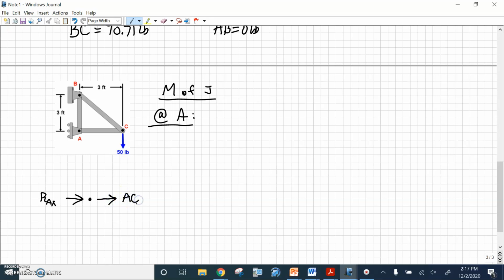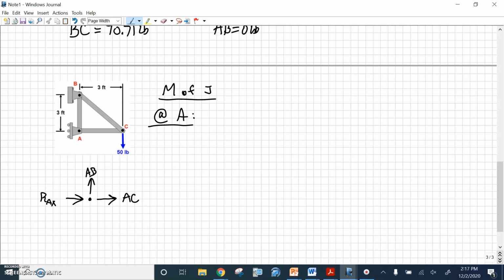Again, we assume AC as a tension force, so that points away from the joint A. And we have AB. AB we found was a zero force member, so I'll still show it like that, but again it's a zero force member.